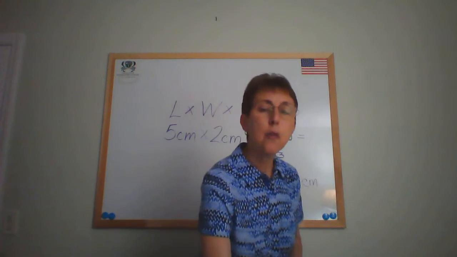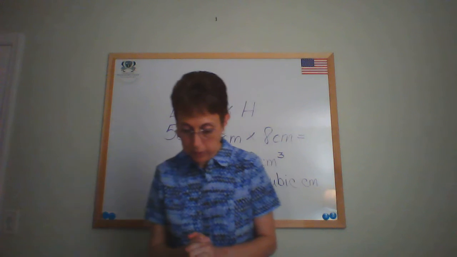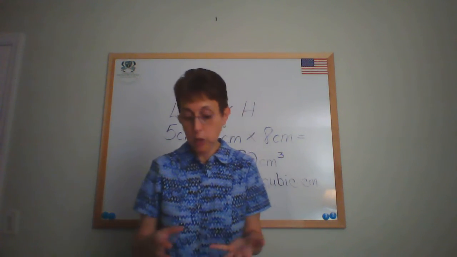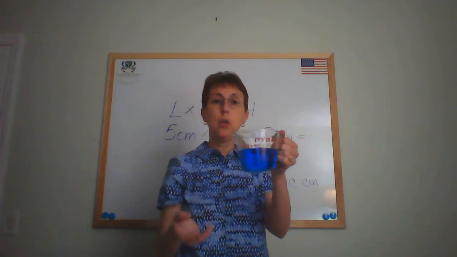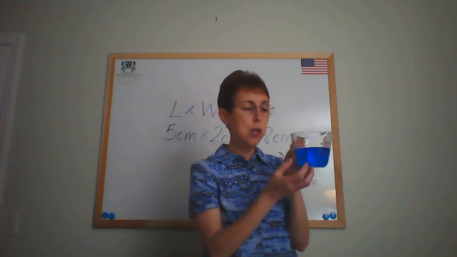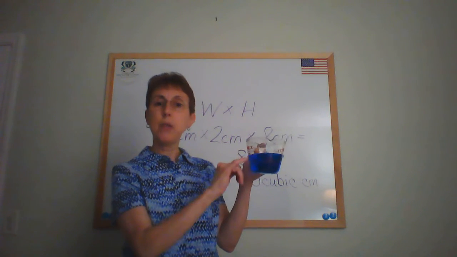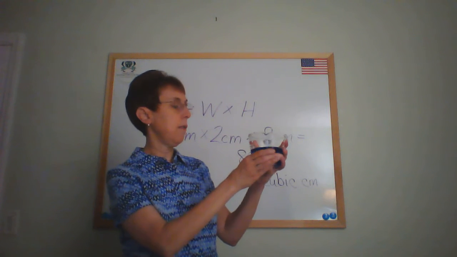Okay, now that's volume of a solid. Now for liquids, liquids don't have a definite shape, so in order to measure a liquid, we can just simply put it into a graduated cylinder, which in this case I'm using a measuring cup. I don't have a graduated cylinder here, but I do have a measuring cup, and this is of course another way to figure out the volume of our liquid.